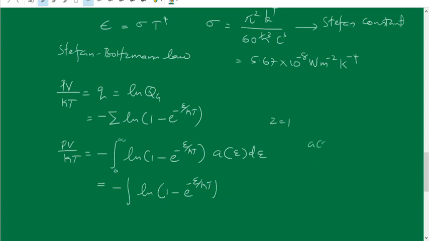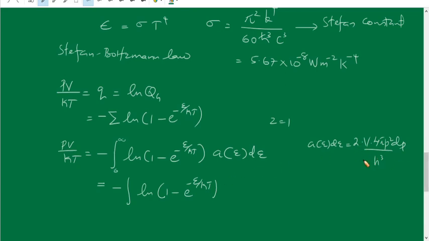A of e dE is equal to 2 times the volume times 4 pi p square dp by h cube. This 2 is because the photon has multiplicity 2, that is, horizontal and vertical polarization. So we have to multiply the total number by 2.